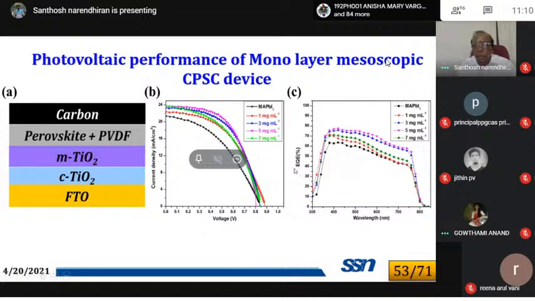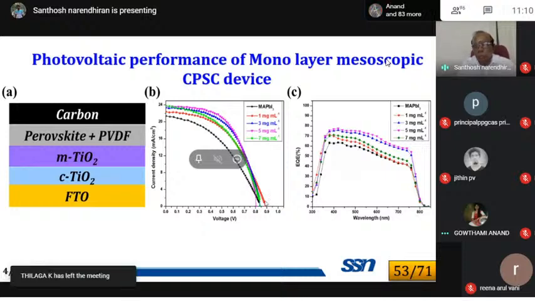So, keeping the dopant or the additive value different, when you make various runs, you find out corresponding to what additive value you get the best result.